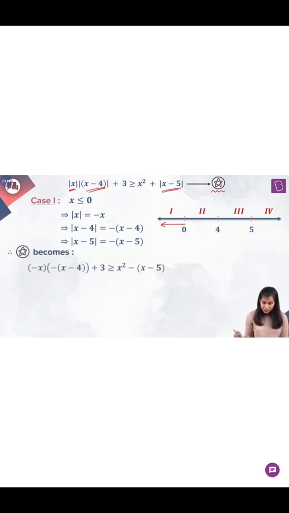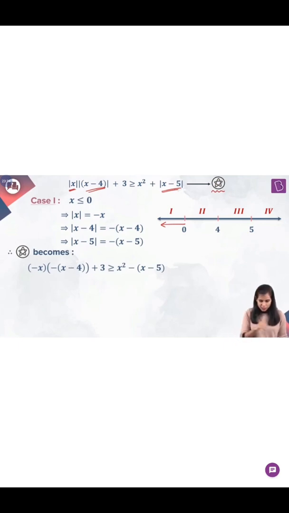If x is less than 0, that means it is also less than 4. So mod of x minus 4 will become minus of x minus 4. If x is less than 0, it is obviously less than 5. So mod of x minus 5 will become minus of x minus 5. So I have got the precise definitions of each of these mod functions in my star inequality. That means my star inequality transforms to this. No more mod.